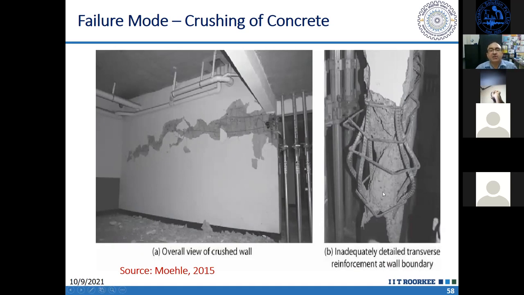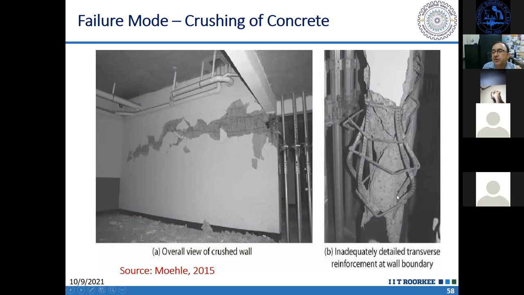When any member loses its vertical load carrying capacity, that is the failure of the member. Here it has occurred because of the crushing of the concrete, and the crushing occurred because of the rupture of the stirrups.